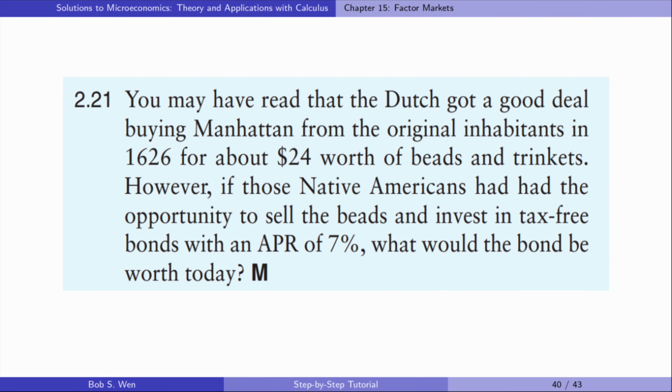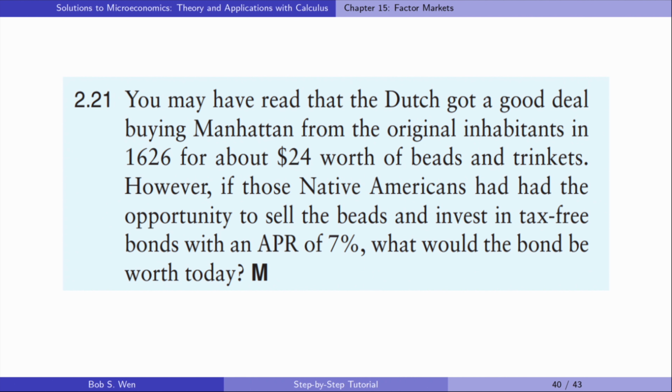Let's solve exercise 2.21. You may have read that the Dutch got a good deal buying Manhattan from the original inhabitants in 1626 for about $24 worth of brass and trinkets.